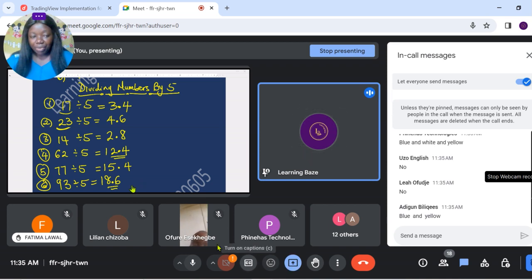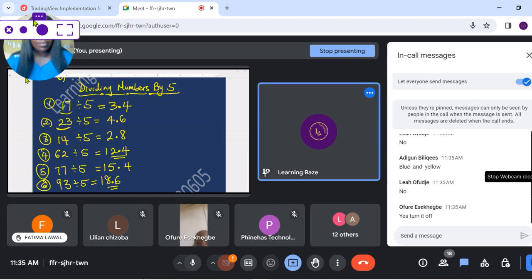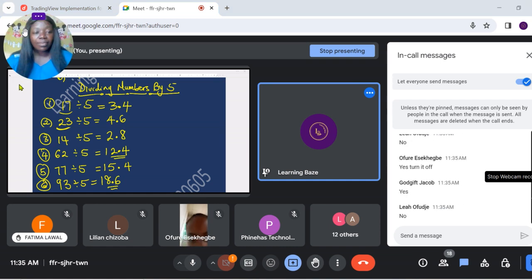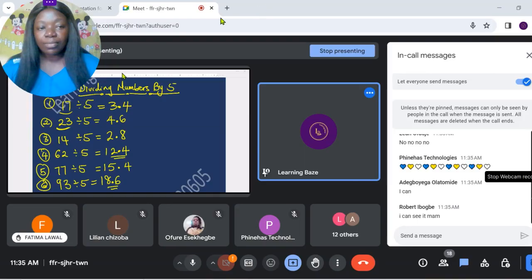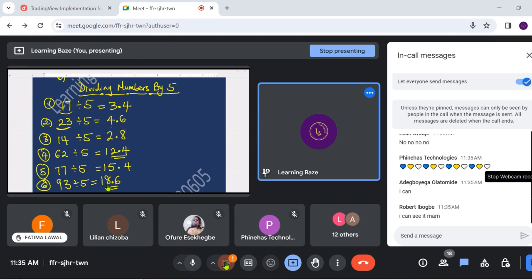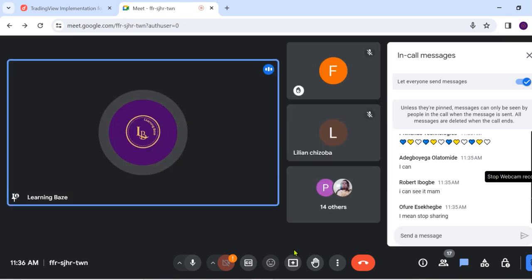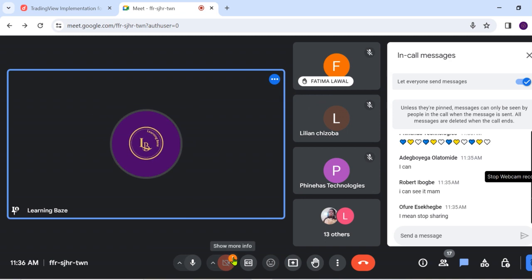Some of you can't see my screen. I'm trying as much as possible so that everybody can see my screen.